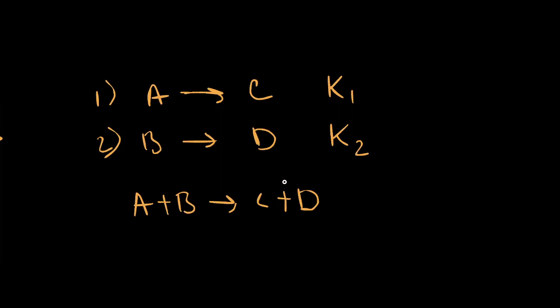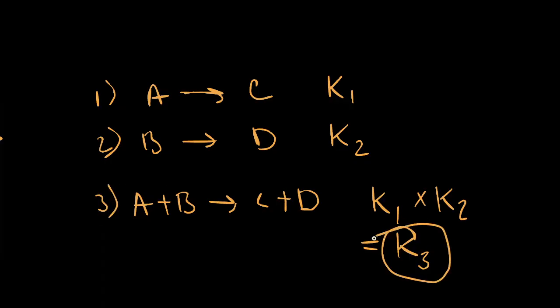The new K for this reaction where we have this additive effect going on is simply going to be the first K multiplied by the second K. So this is going to be equal to the K value for our new reaction that we have formed by combining the first two.